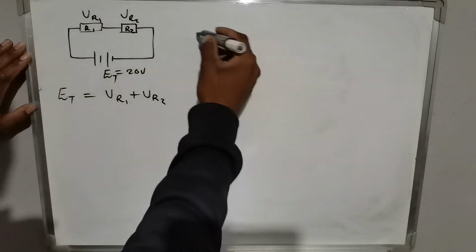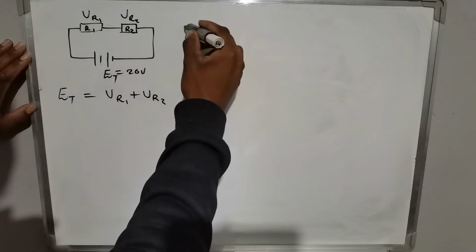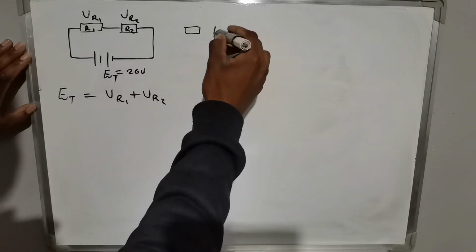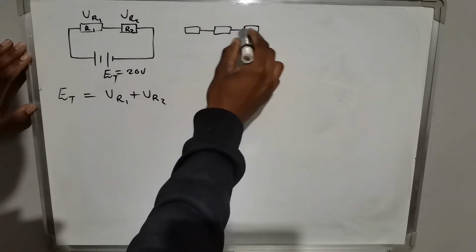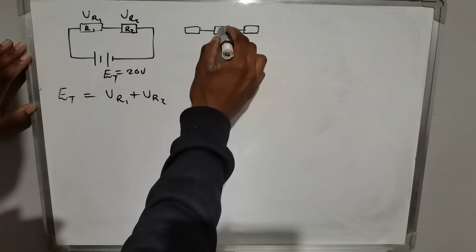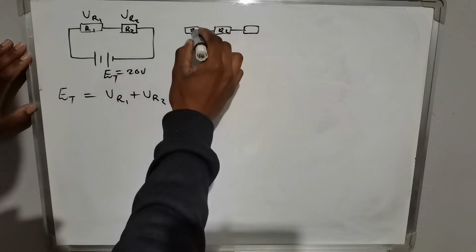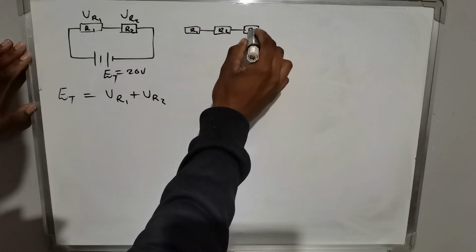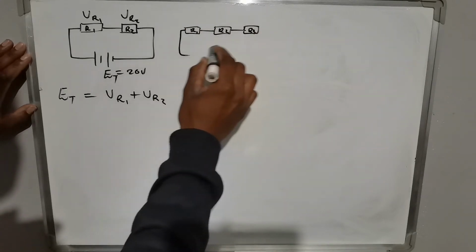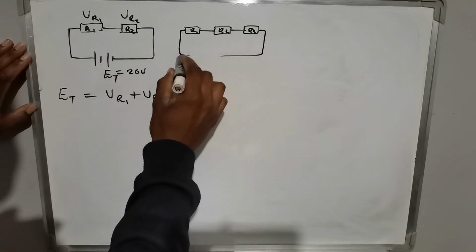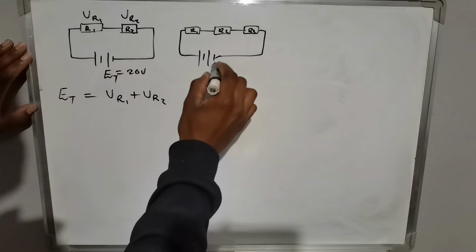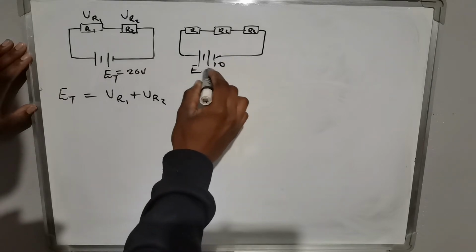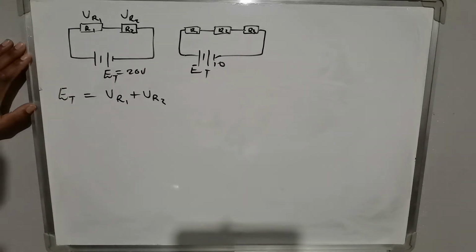Like for example, if we made 3 resistors, and say this is R2, R1, R3. So let's say this one is 10, but we won't be doing calculations here.